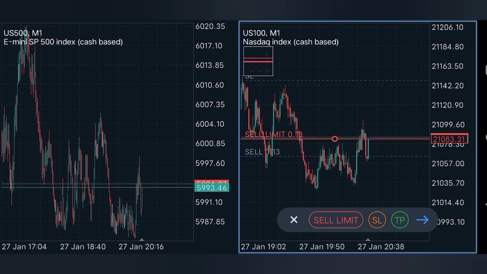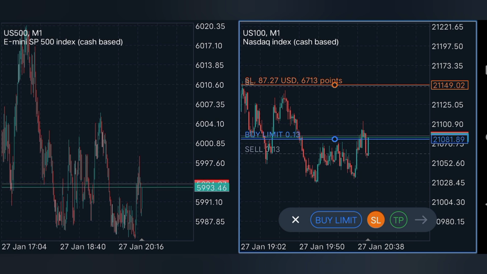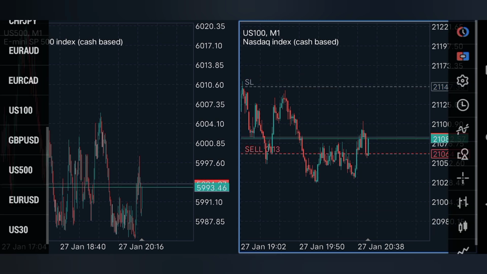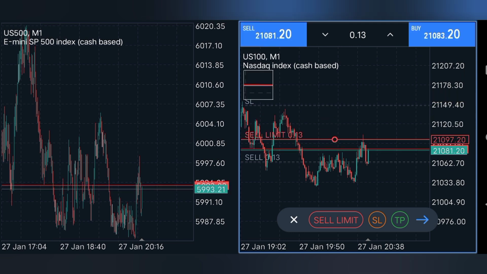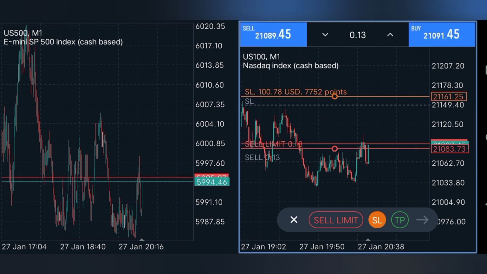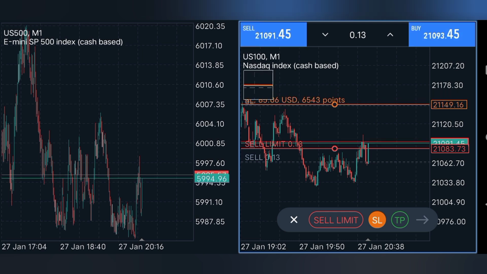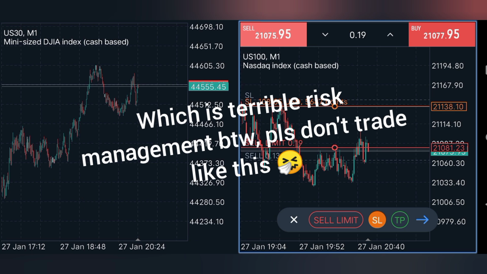Okay, now at some point I became so attached with the idea that price was definitely going to trade bearish into that fair value gap that I decided to even double down on the trade and decided to take another entry. So this is me trying to stack another entry.